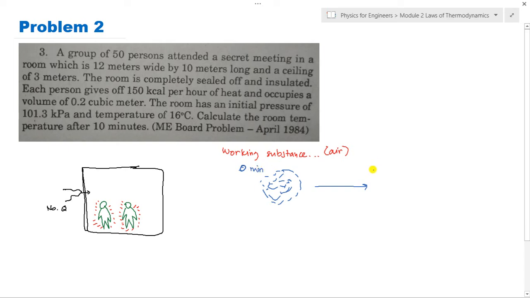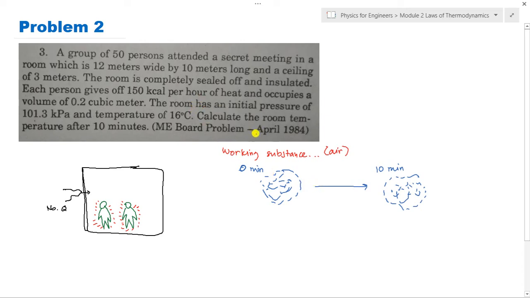And then it changes after 10 minutes. So the states change. Be sure that in every problem, you define the states. Again, the working substance is air, so focus on the air, and we also state its states, from 0 minutes until 10 minutes.